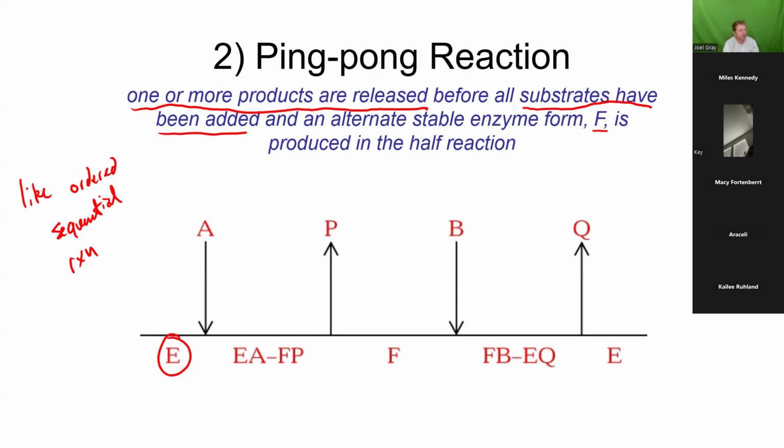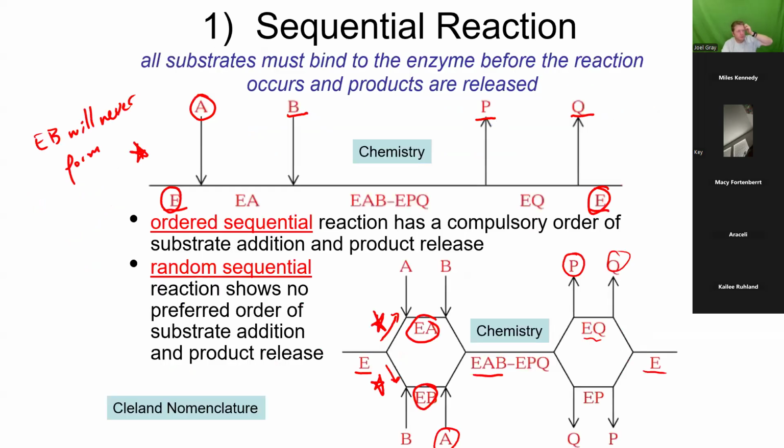E binds A, producing EA. Okay. Now, this is where our chemistry is going to take place. Notice how on this slide, we bound both of the substrates and then chemistry occurred.